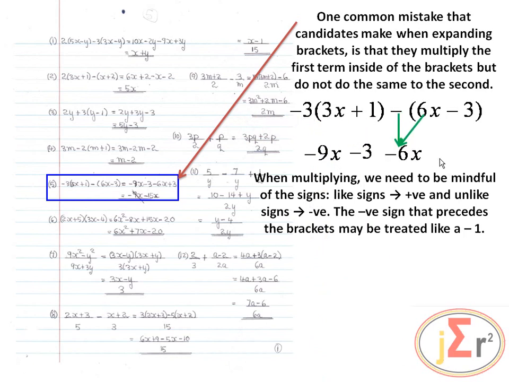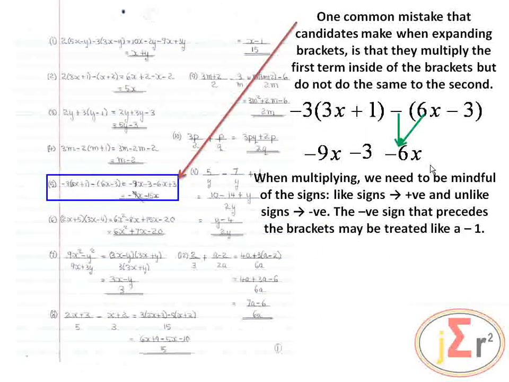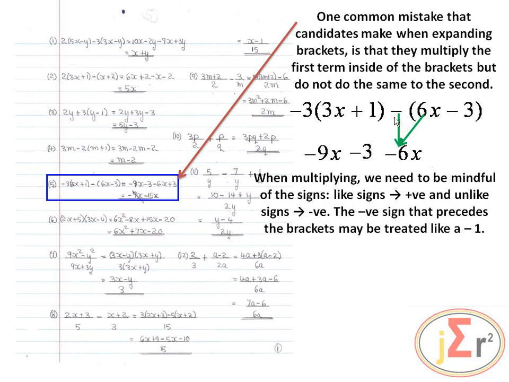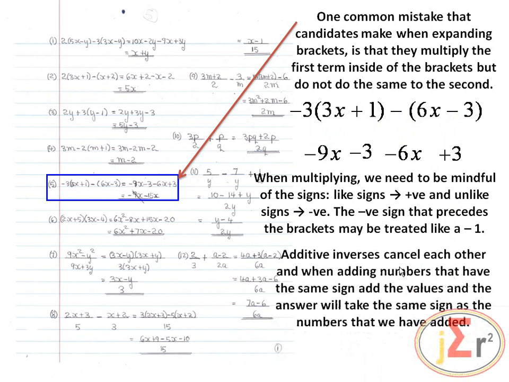Right. But we cannot turn a blind eye on the fact that we are multiplying negative by negative, so we will have a positive 3 right there. And we see additive inverses. Additive inverses cancel each other, and when adding numbers that have the same sign, we add the values and the answer will take the same sign as the numbers that we have added.